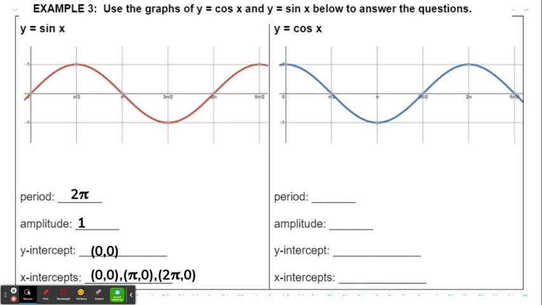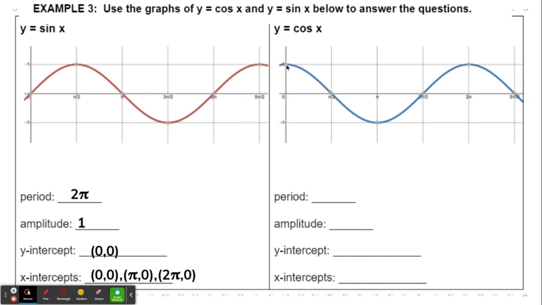Remember, it continues forever to the left and forever to the right, but here are some x-intercepts. Notice they're 1 pi apart. So the next one I would say would be at 3 pi and 4 pi and 5 pi. Even if you go in the negative direction, it'd be negative 1 pi, negative 2 pi, negative 3 pi. Okay?